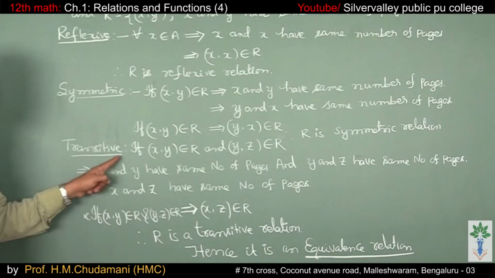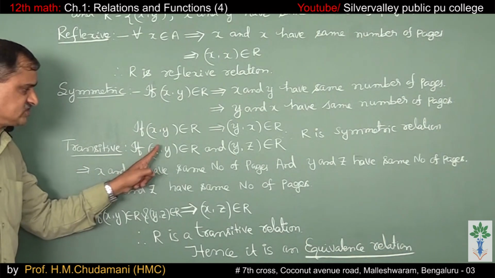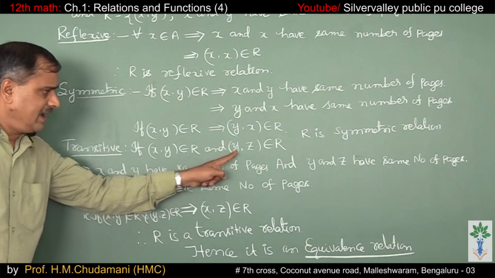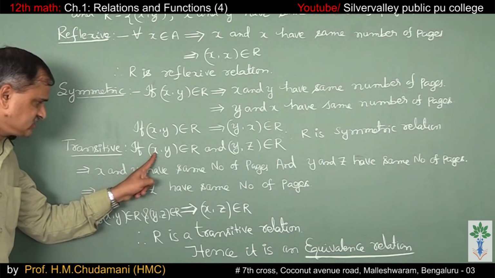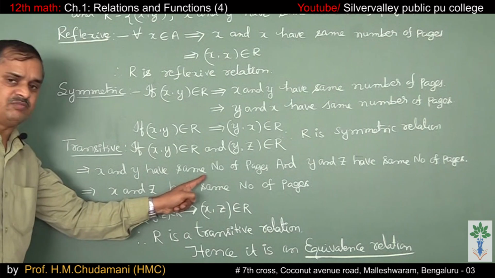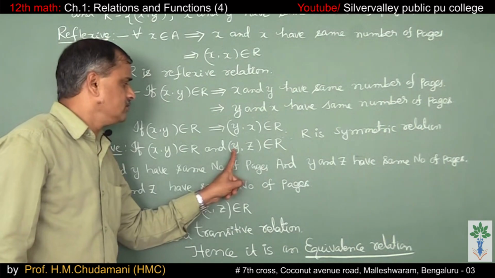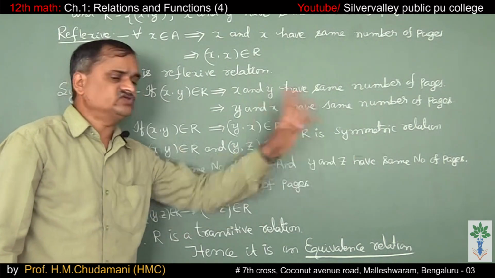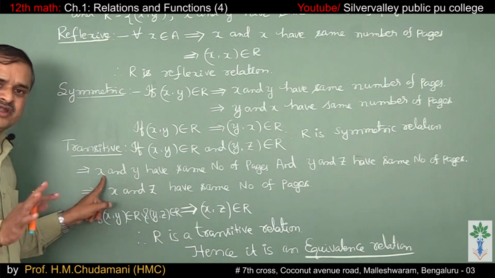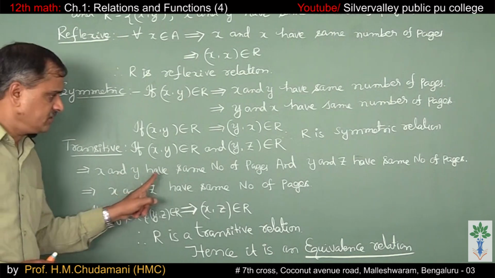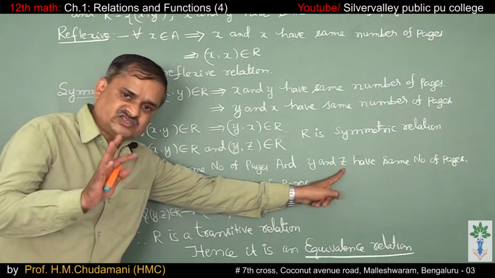Let us verify the transitive relation. If (x, y) belongs to R and (y, z) belongs to R, this implies x and y have the same number of pages and y and z have the same number of pages. Say x has 100 pages, y has 100 pages, z has 100 pages.